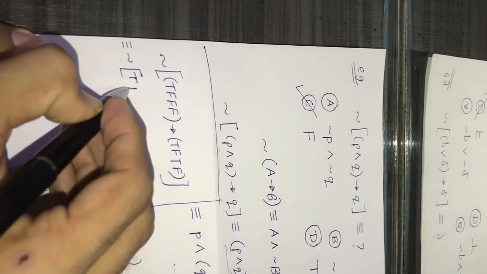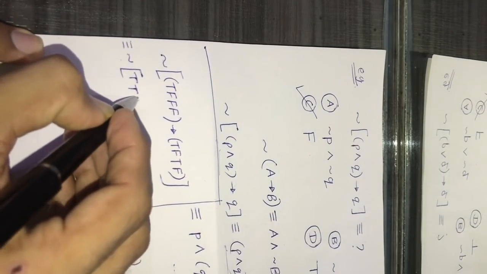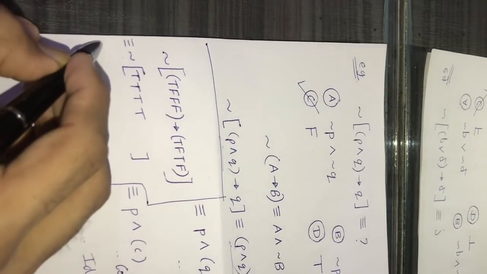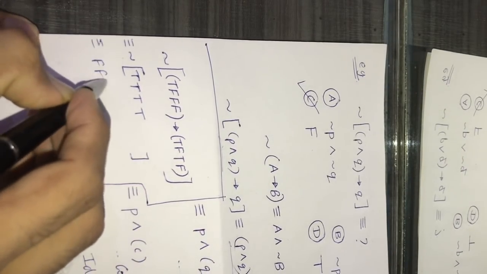Only in one case you get false: true implies false is false. Again I repeat, only true implies false is false. In all the other cases you're going to get true. So false implies false, true. False implies true also is true. False implies false, again we have true. So I get negation of this and it is false, false, false, false. Contradiction.